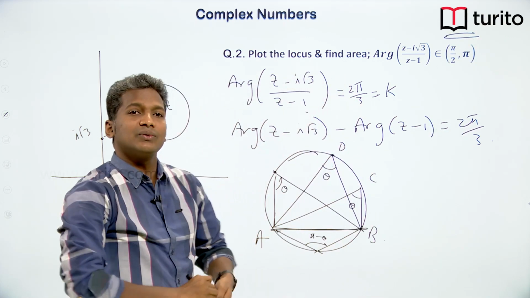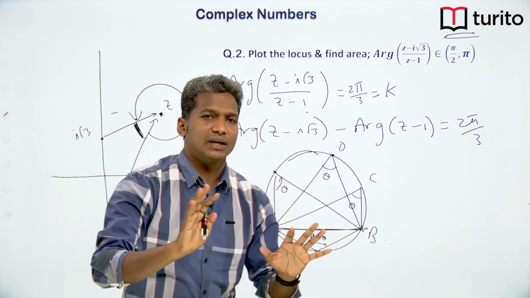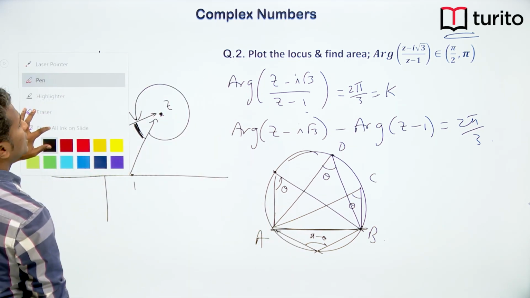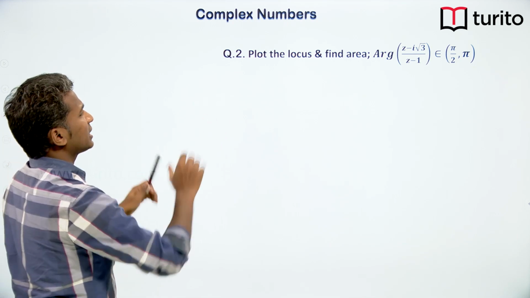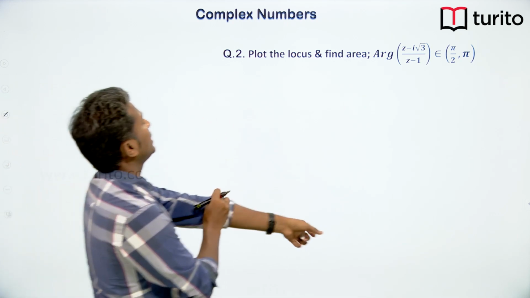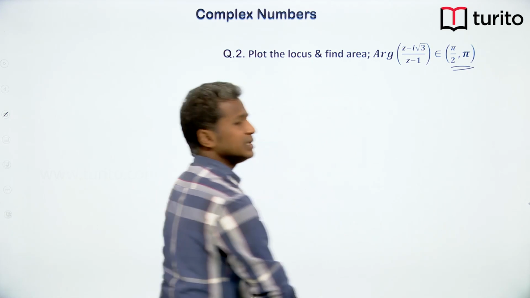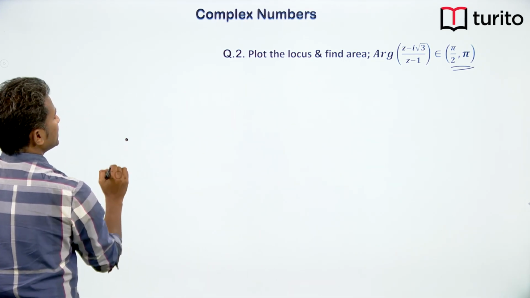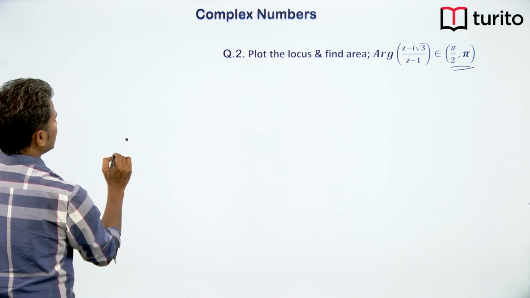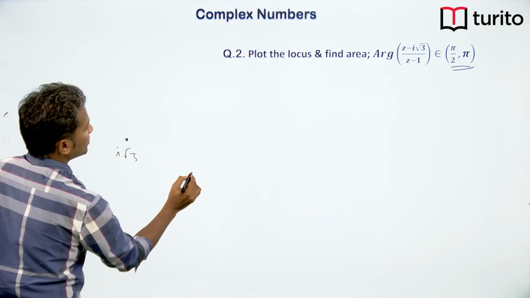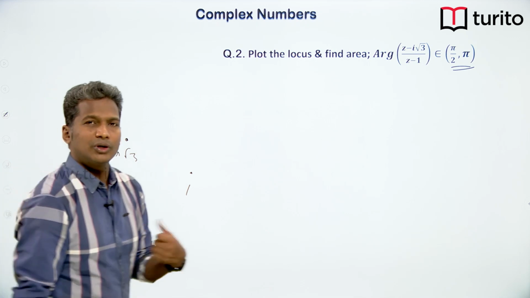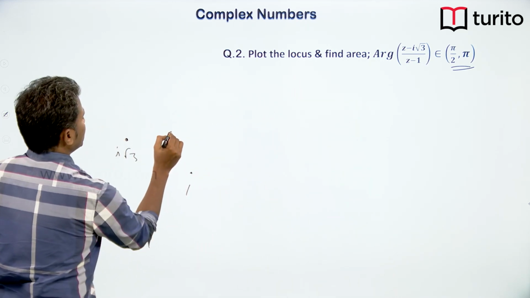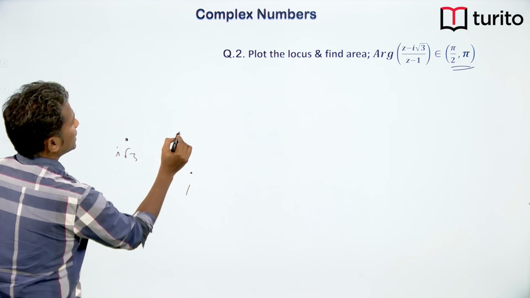For that we need to draw the diagram again and understand it. Let me erase all of this and try again. Now we are trying to understand these two angles. Suppose there is one point here, i root 3, and there is one point here, 1. I am not drawing the coordinate axes.